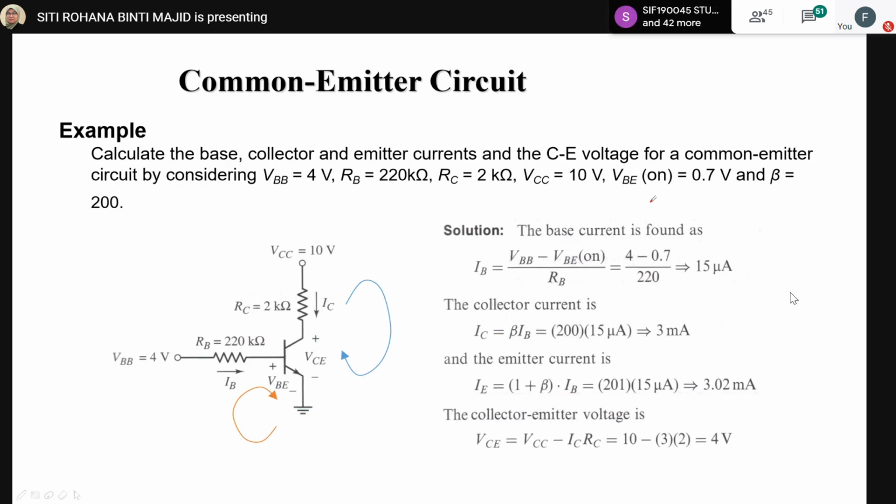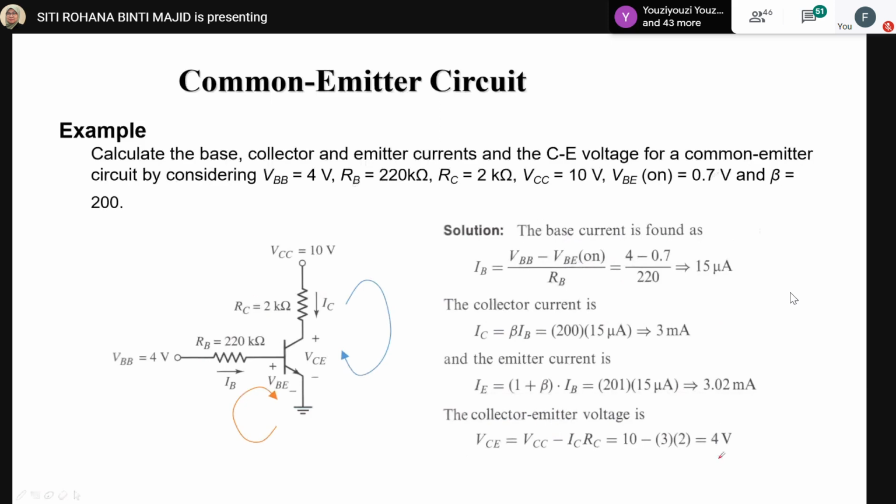Okay, as given in this question, and also you can calculate the voltage of the output circuit, which is collector to emitter, VCE. As discussed before, VCE equals VCC minus ICRC. Okay, and then you just substitute the values given in the circuit, and then you will get 4 volt.